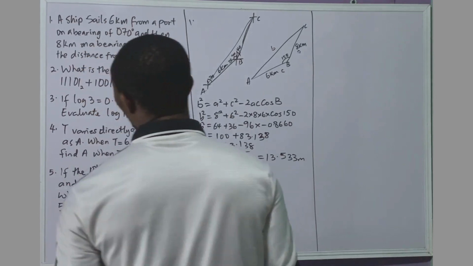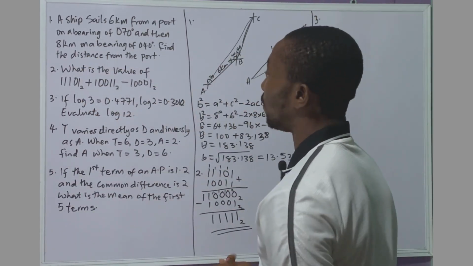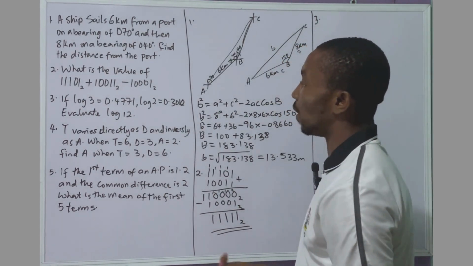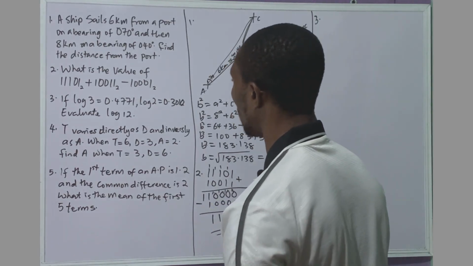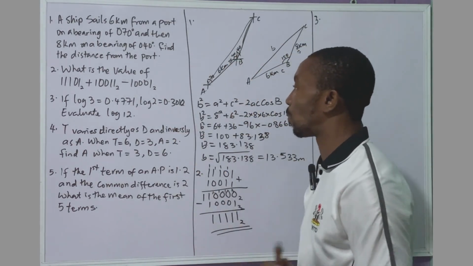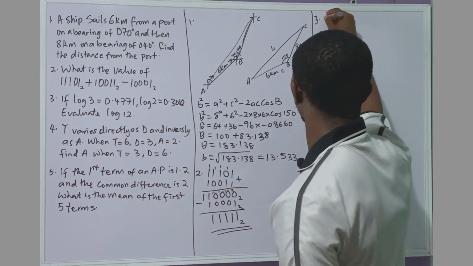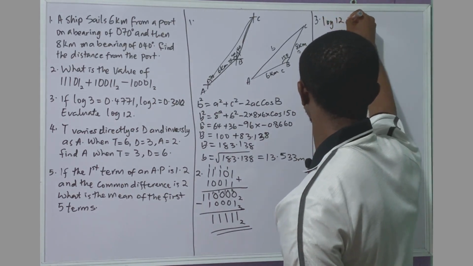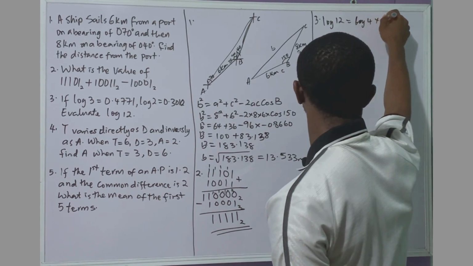Okay, so now the next question, question 3 says, evaluate log 12 if log 3 is 0.4771 and log 2 is 0.3010. Now, we know that log 12 is log of 4 times 3.